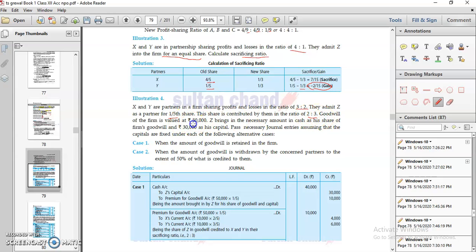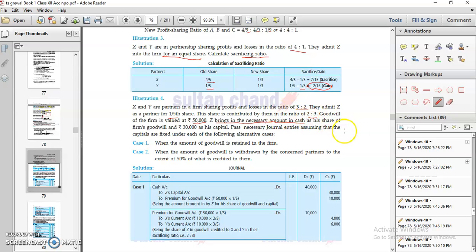Goodwill of the firm is valued at 50,000. Total goodwill is given. Z brings in the necessary amount in cash as his share of firm goodwill and 30,000 as his capital. Now he specified that Z brings his share in cash. You can understand, if he brings his share in cash, that is called premium for goodwill. So the entry comes cash to premium for goodwill to existing partners' capital accounts, X or Y, in the ratio of sacrifice.